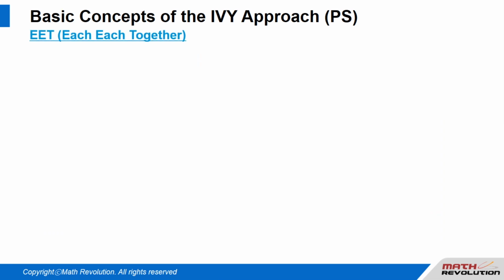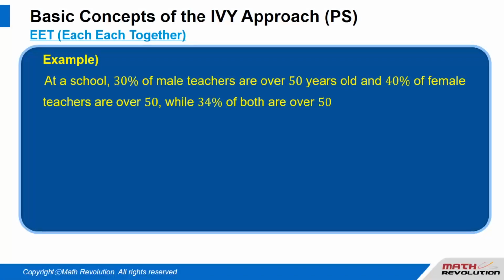EET, each, together. The IV approach focuses on the most frequently appearing PS question types and considers applying the EET, each, together, as the basic concept to tackle them. For example, at a school, 30% of male teachers are over 50 years old, and 40% of female teachers are over 50, while 34% of both male and female teachers are over 50.